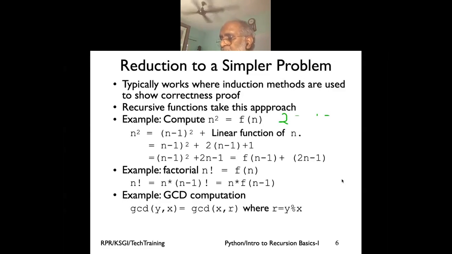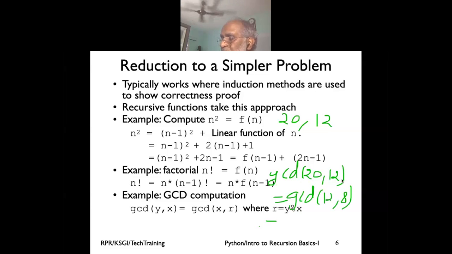We know that GCD of 20, 12 is the same as GCD of 12 and the remainder, which is 8, which is the same as GCD of 8, 4, which is equal to 4. Does everyone agree with that? This is how we do GCD.